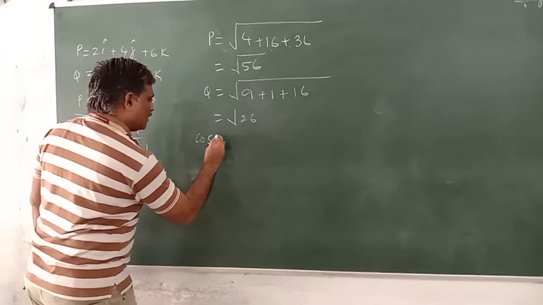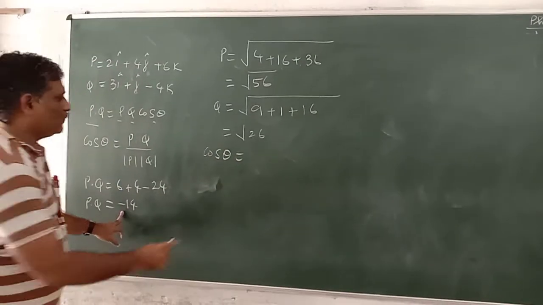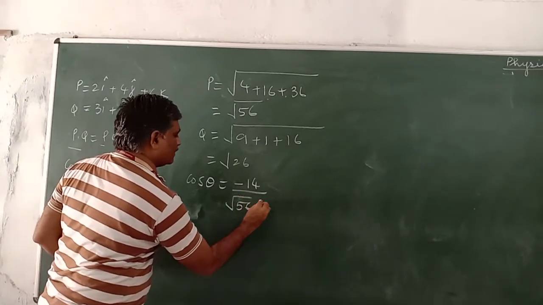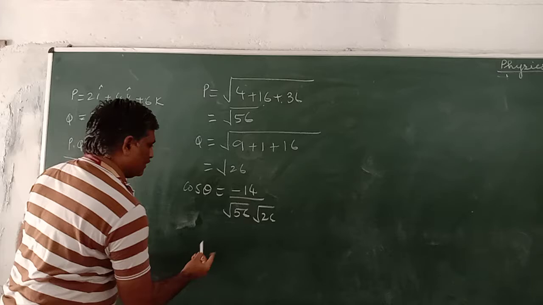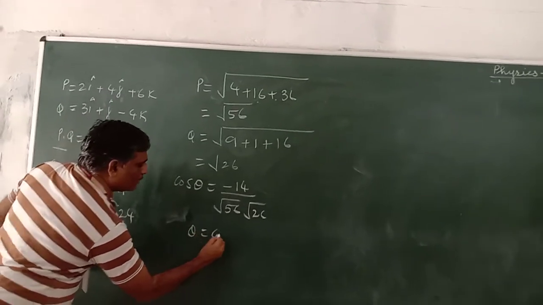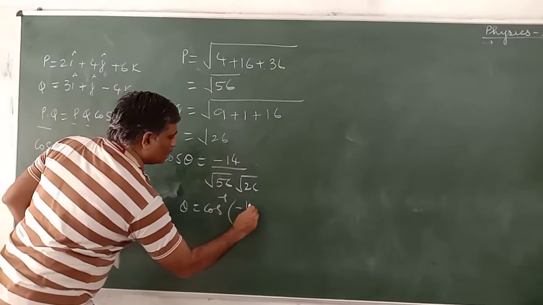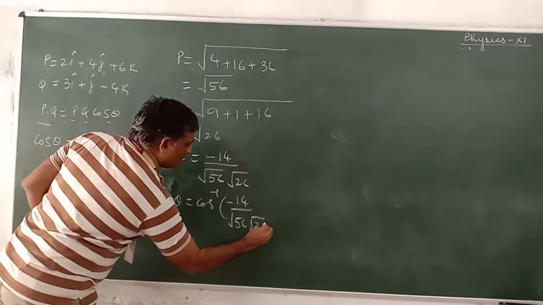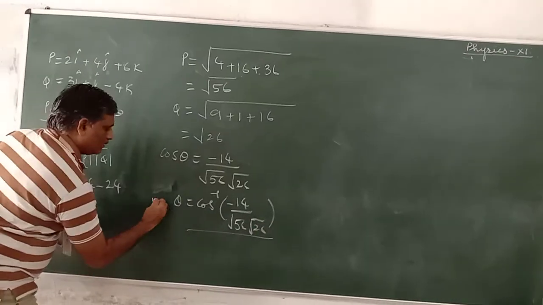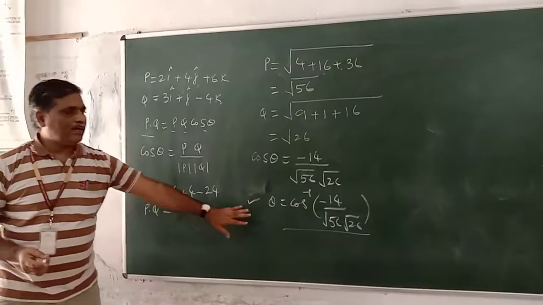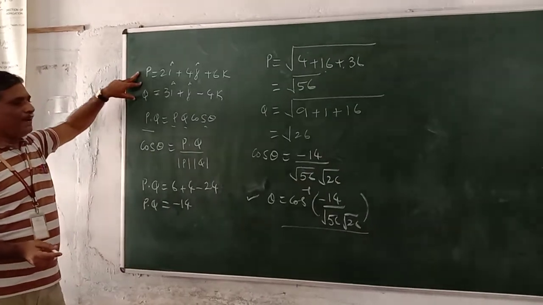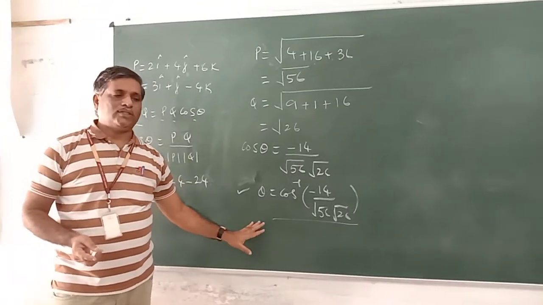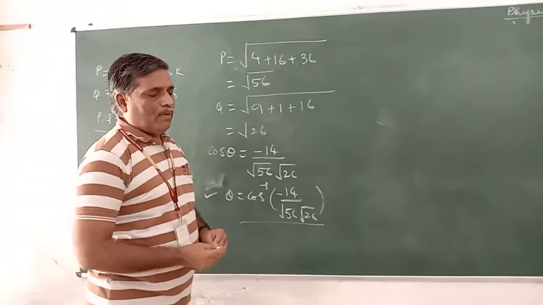Therefore, cos theta is equal to minus 14 divided by under root 56 under root 26. Then we can simply write theta is equal to cos inverse minus 14 divided by under root 56 under root 26. This is the way to calculate it. We can find out angle. This is the angle between P and Q. By using logbook, we can even find out this angle in degrees or radians. This is the important question.